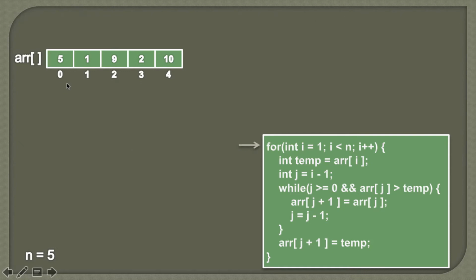So we directly start from I equal to 1, because 5 is already sorted into its correct position. Usually this algorithm starts from I equal to 1. Here you can see that 5 is in the sorted part and all other elements are in the unsorted part. So we always start from I equal to 1.